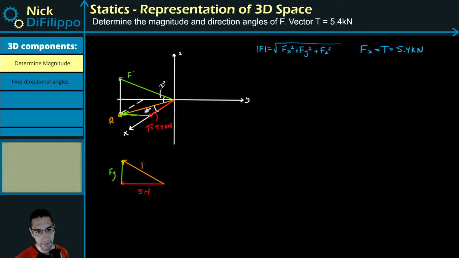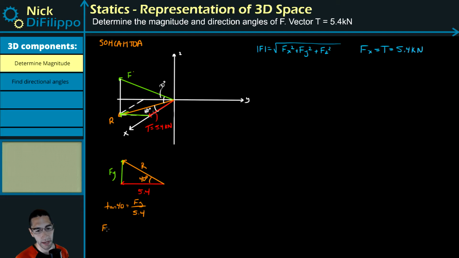This is vector R, and this angle in here is 40 degrees. What I want to do is figure out what Fy is. If I use SOHCAHTOA, I see that for Fy, this is opposite, this is adjacent. So opposite and adjacent, I'm going to use tangent. The tangent of 40 is equal to Fy over 5.4.